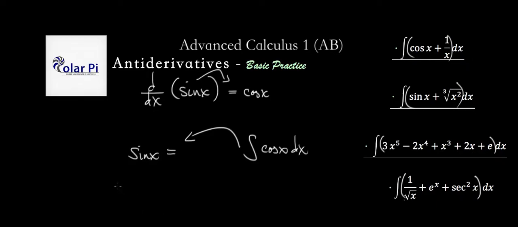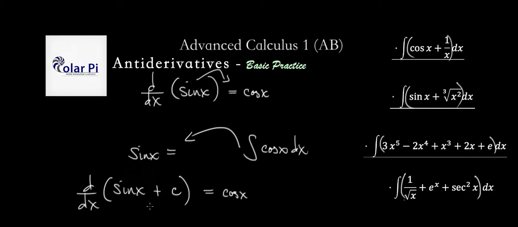Now, technically here I could have written sine x plus c, because what is the derivative of sine x plus c? If I did d dx of sine x plus c, well, the derivative of sine is cosine, so I'd write cosine, but the derivative of the constant c is nothing.